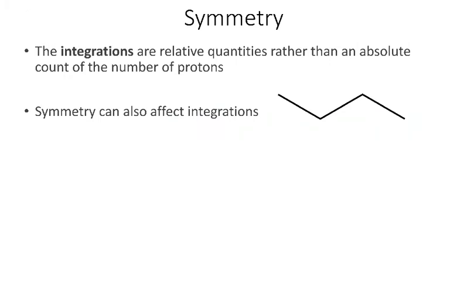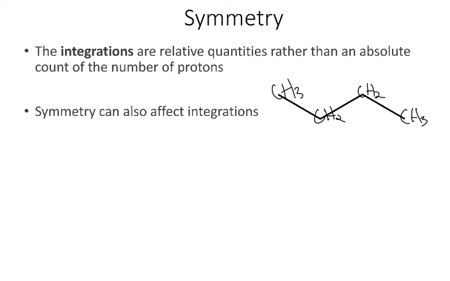Now, the integrations tell us about the relative number of hydrogen atoms. It doesn't tell us the actual number of protons. And so the symmetry of the molecules can often affect the integrations. If I consider butane here, I've got CH3, CH2s, another CH3. The 2 methyl groups are chemically equivalent, and the 2 CH2s are also chemically equivalent.